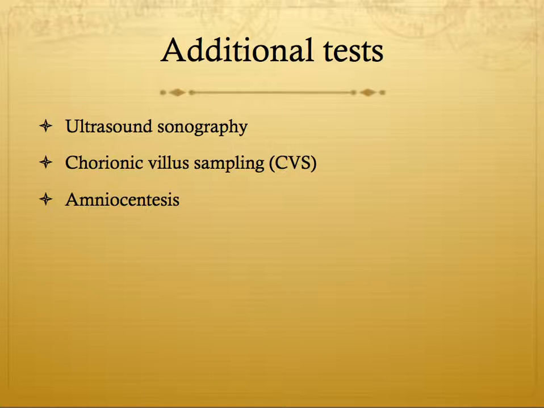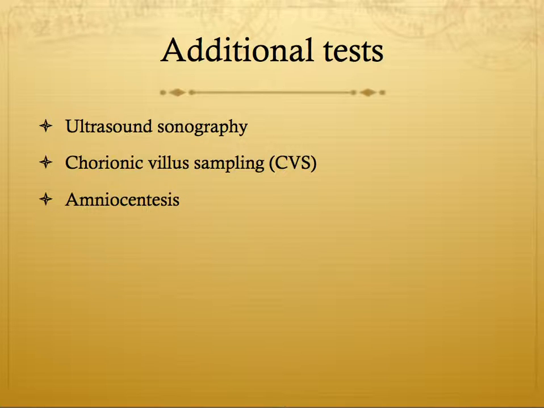The second test, chorionic villus sampling, or simply CVS, is done the 10th to the 13th week. And this is generally if there's either a family history of something or if there is a potential problem that shows up in the ultrasound.